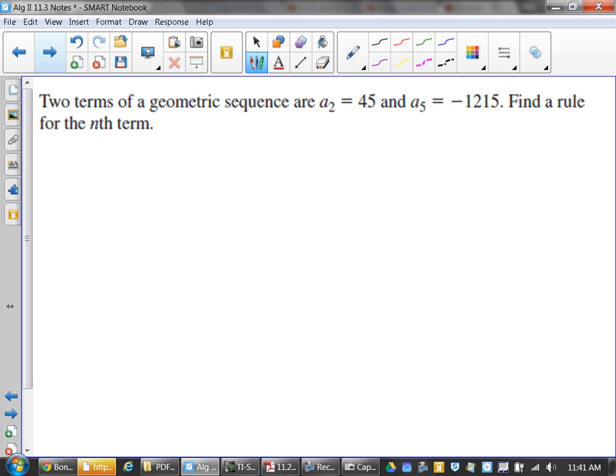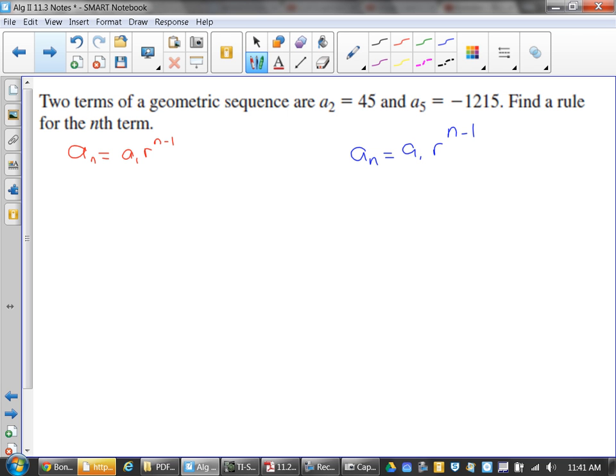So I'm going to write out the geometric nth rule twice. a sub n equals first term times r to the n minus 1.